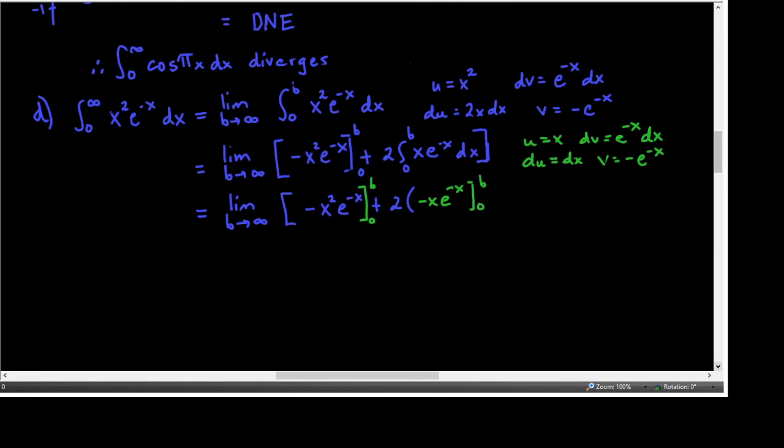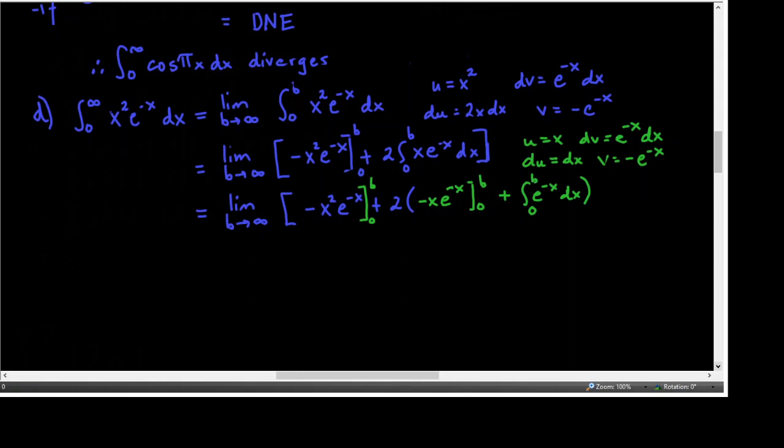Okay, that's uv minus the integral of v du. The negative in front of e to the negative x comes out in front, turning this into a positive. Integral of v du will be e to the negative x dx, evaluated from 0 to b.